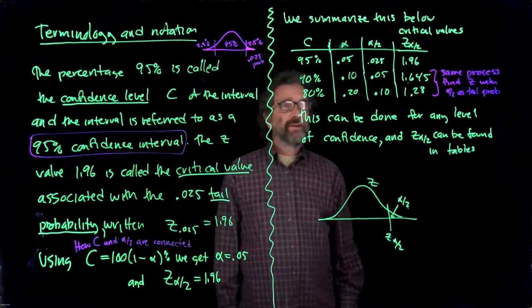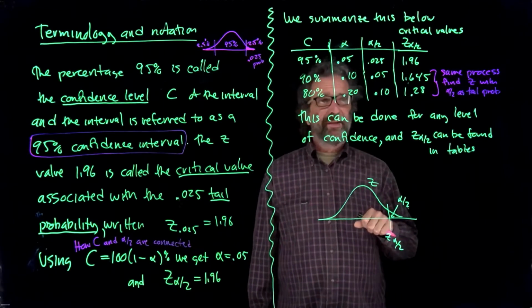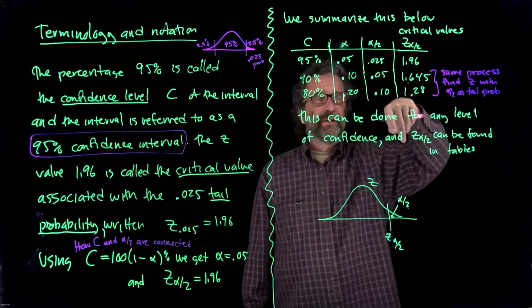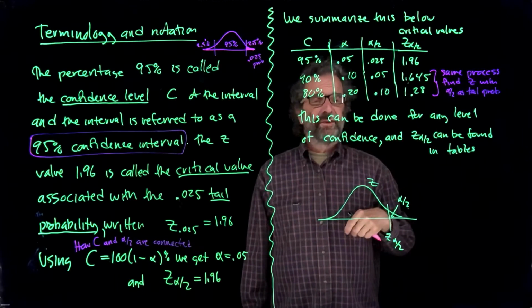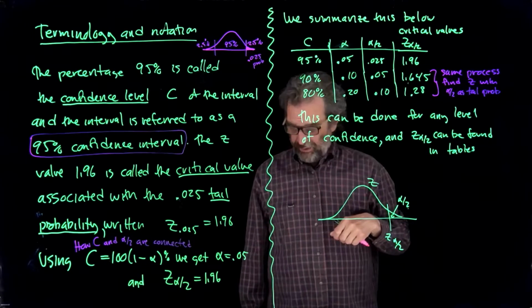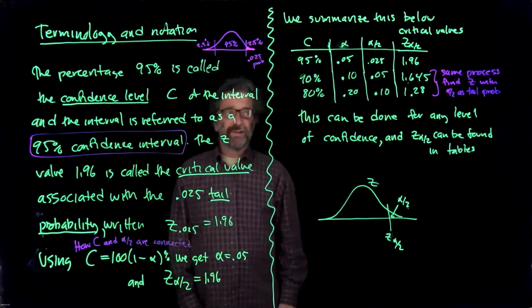And then you have to look in the tables backwards, but ordinarily we don't do that because this is such a common procedure for these kinds of alphas here that there's a table of critical values based on the tail probabilities. And we'll look at that when we see the t distribution. I'll show you where you can find them on the t tables.